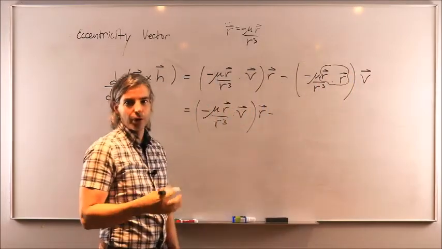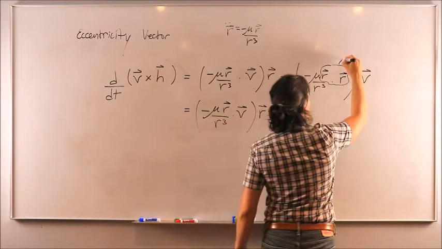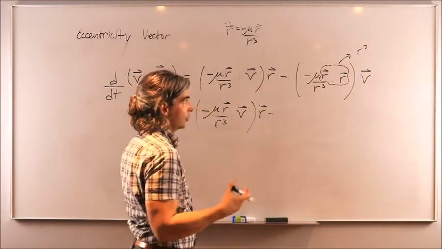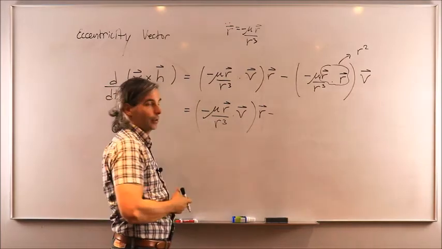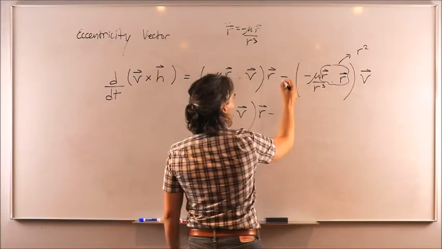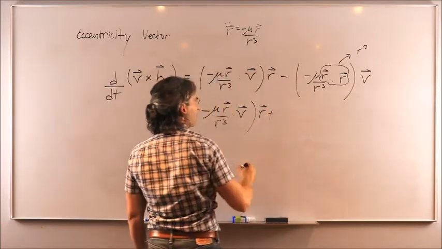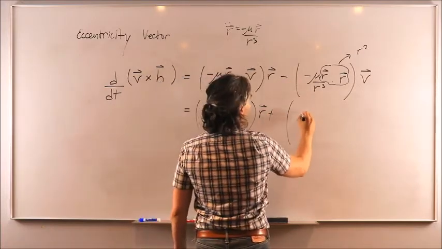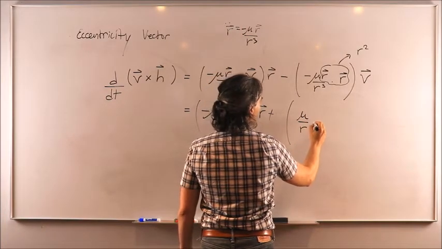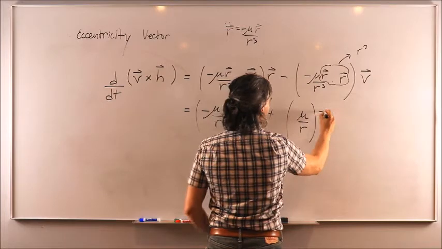Position vector dot product with itself gives you r square. I'm not going to explain again why. If you're not too sure at that point, I would highly recommend you go back to chapter 1, our foundational chapter. But because I have minus minus, I'm going to say this is plus mu over r times my velocity vector.